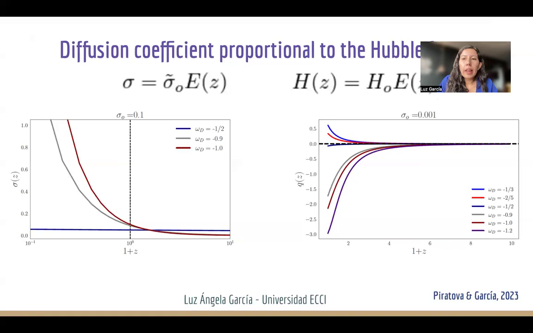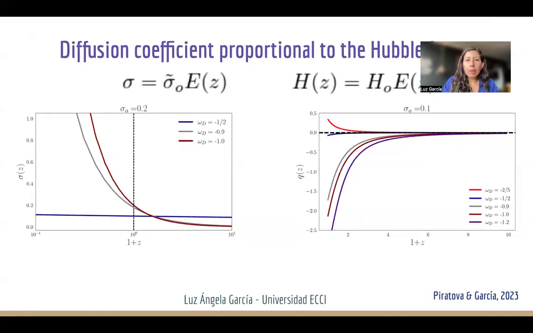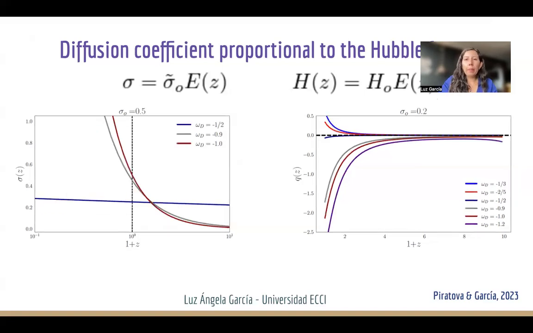Finally, we show different values for the parameter sigma and the deceleration parameter, showing here what happens if we increase the value of sigma 0 in the coefficient sigma and also the deceleration parameter. And again, we see that these terms are actually close to the solutions in the standard model with omega d equal to -1.